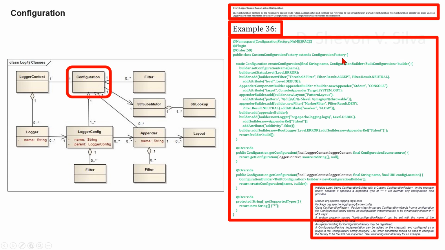One way to programmatically configure Log4j 2 is to create a custom configuration factory that uses configuration builder to create a configuration.